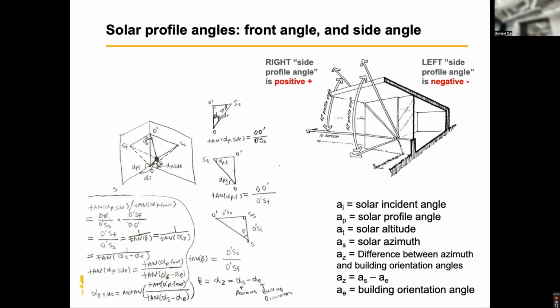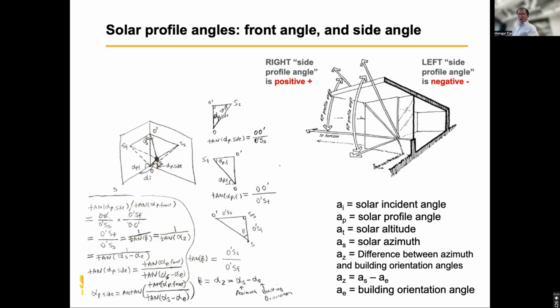Make sense? Because the side profile angle is on the side, and the front profile angle is in front of the window. If you remember it like that: the side profile angle is always an angle on the wall itself, on the window itself, and the front profile angle is an angle perpendicular to the window. If this explanation is easy to understand, then you just use this one.